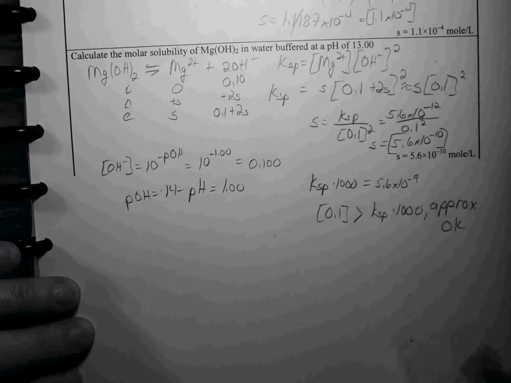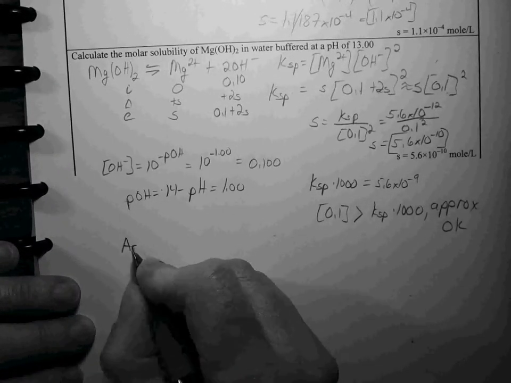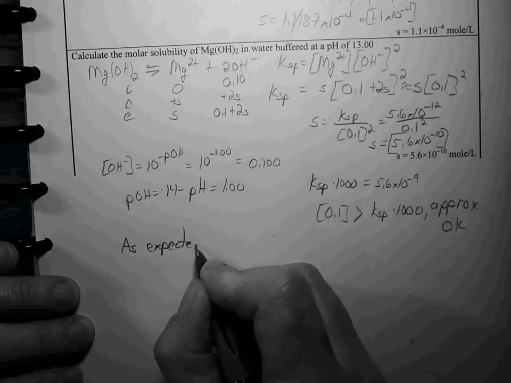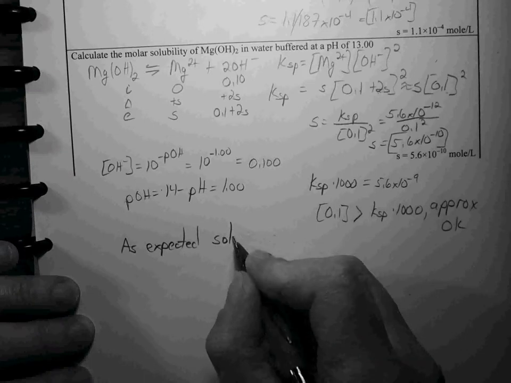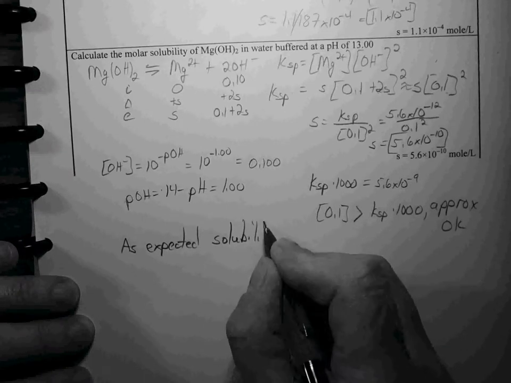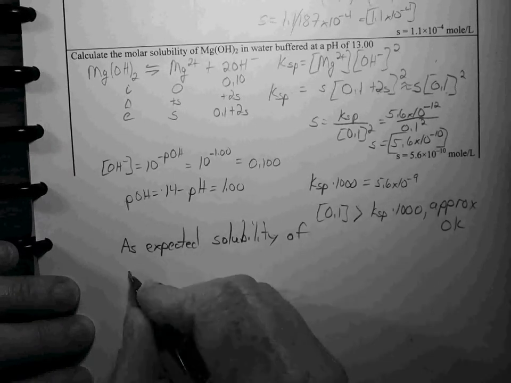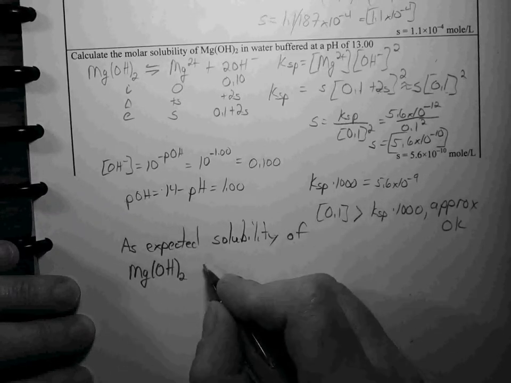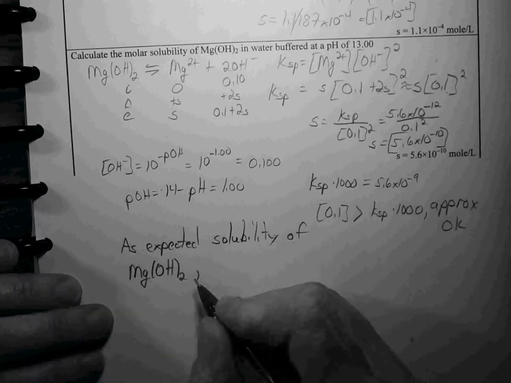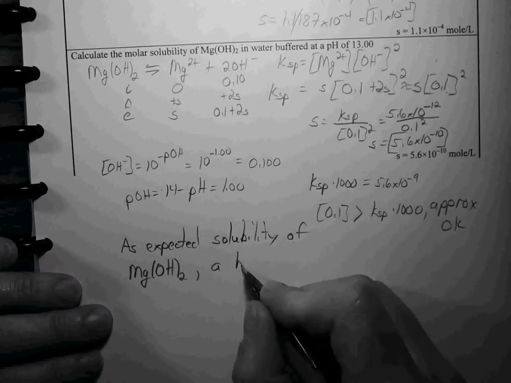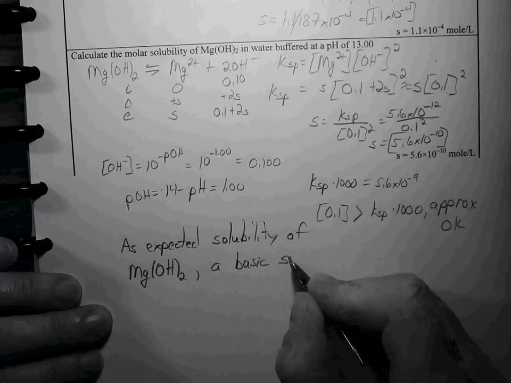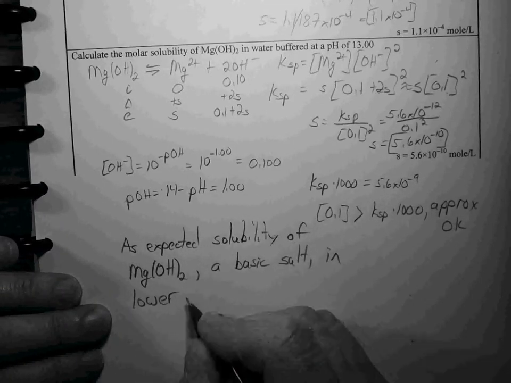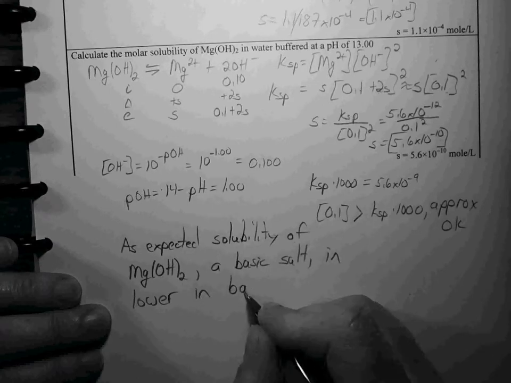Okay, so we're done, but I wanted to point out that this makes perfect sense. Solubility of magnesium hydroxide, which of course is a basic salt, is lower in basic solution.